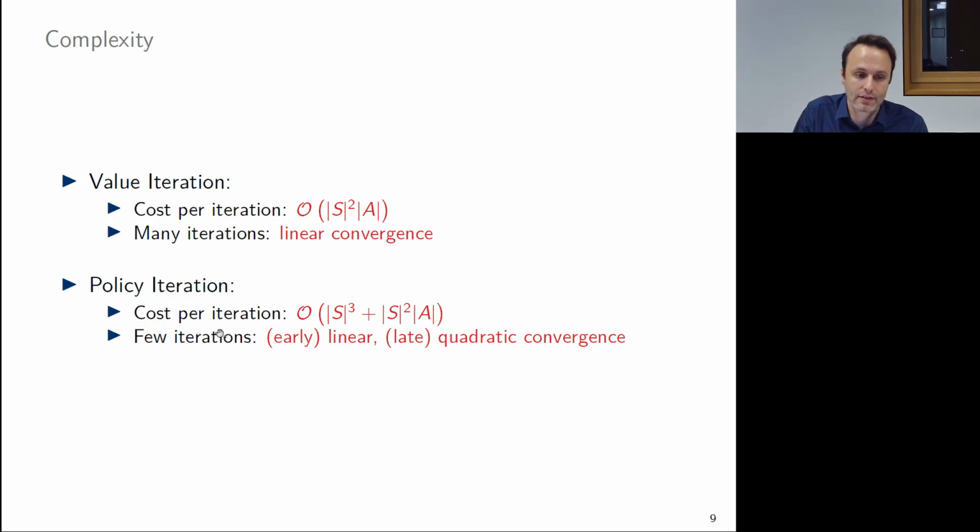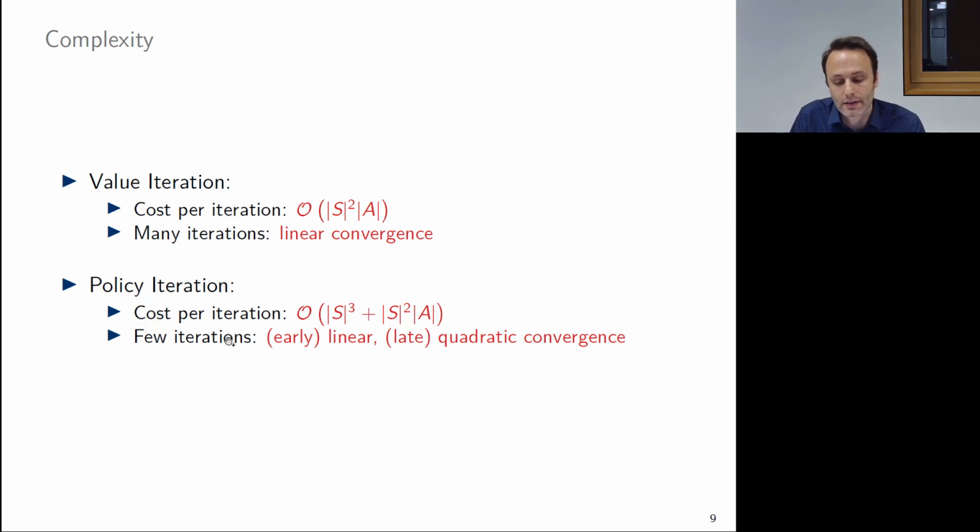Policy iteration, however, is a little bit different. So in terms of complexity, it might be even more complex because we have to solve a system of linear equations which has cubic complexity in terms of the states, which are the dimension for which we solve the system of linear equations, plus the squared number of states times the number of actions.